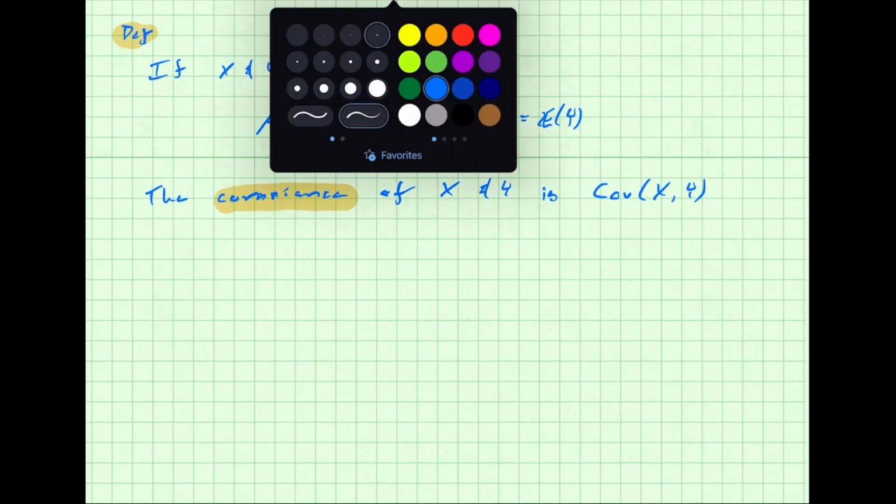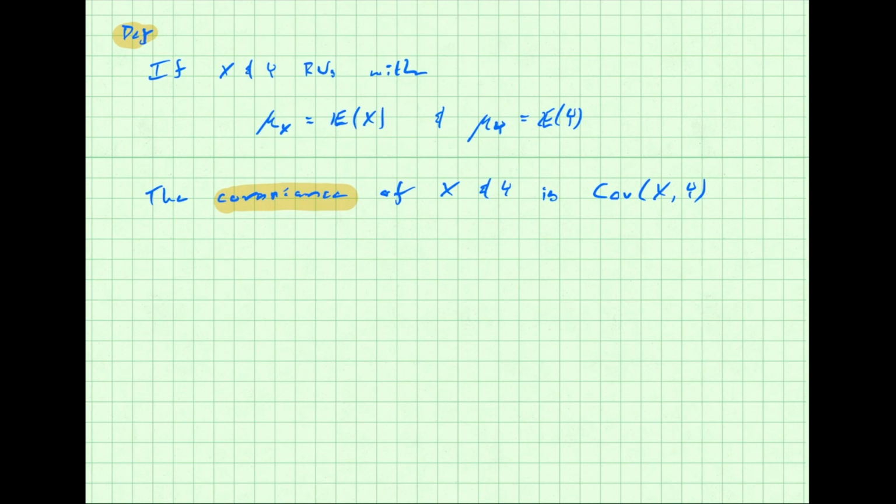It's defined with the following equation: the covariance of x and y is equal to the expected value of (x minus mu sub x) times (y minus mu sub y). That's the definition.